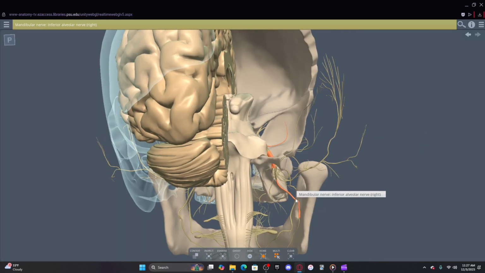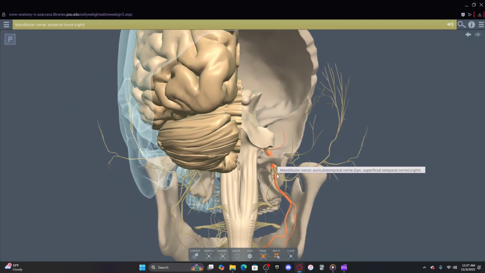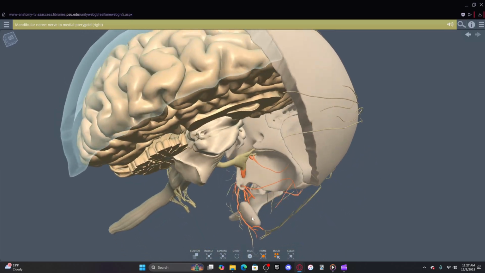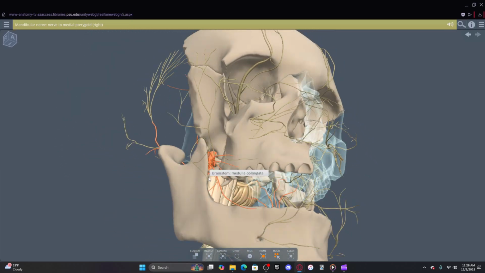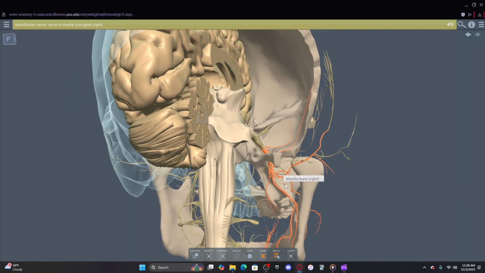And these are all parts of the mandibular branch. You can see it going through foramen ovale and then to the mandible. All right, so we have mandibular going through foramen ovale, going to the mandible.